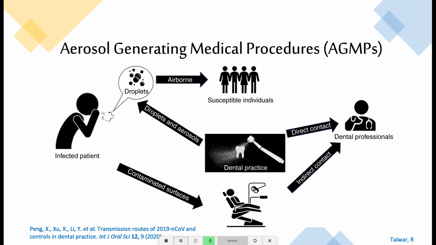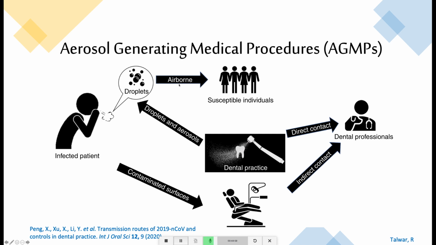This is a diagram that I got from this particular article, the International Journal of Oral Science from 2020, Peng et al., Transmission routes of 2019 nCoV and controls in dental practice. You can see if you had an infected person coughing and sneezing, you've got droplets.